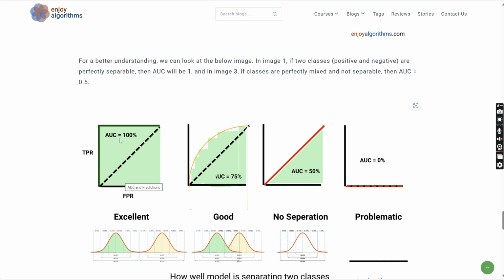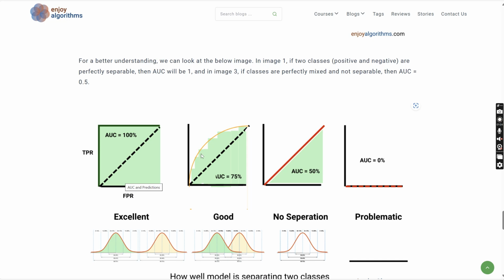If it is higher, it means the model is able to separate positive cases from negative cases very well. It is able to segregate the decision boundary. The boundary it draws to separate those points is very good. And 75% is also decent enough.